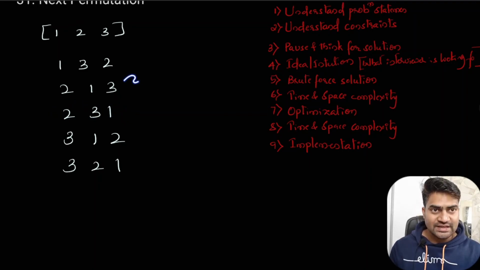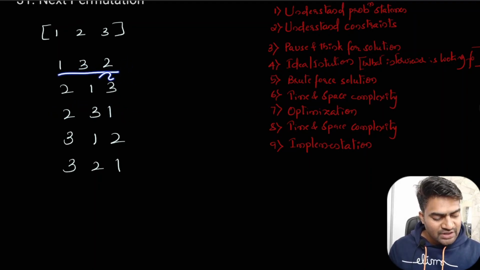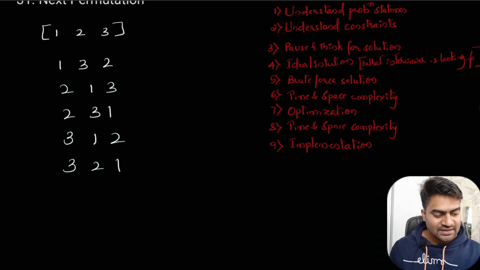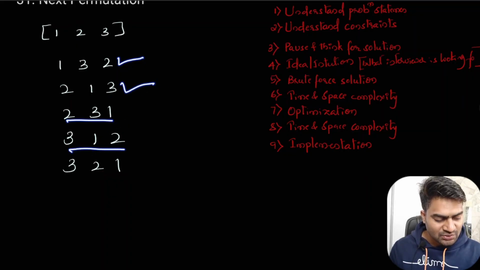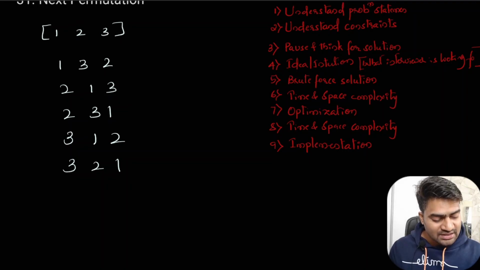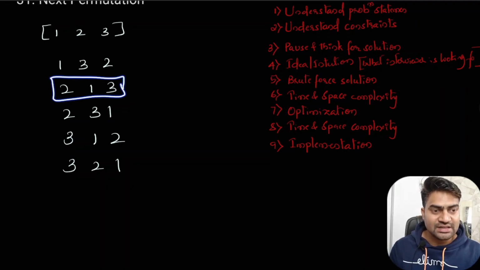Now if you see here, we have all these numbers rearranged, and 1, 3, 2 is greater than 1, 2, 3. 2, 1, 3 is greater than 1, 3, 2. 2, 3, 1 is greater than 2, 1, 3. 3, 1, 2 is greater than 2, 3, 1. So this way they are ordered in lexicographical order, and if they give this particular combination, we will have to return the next one.